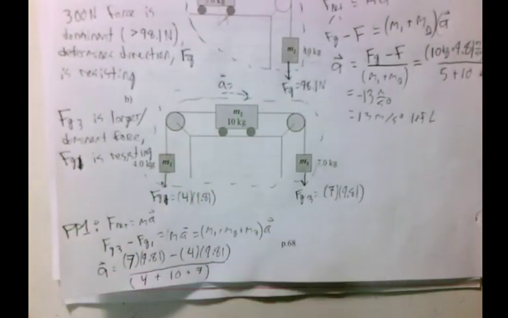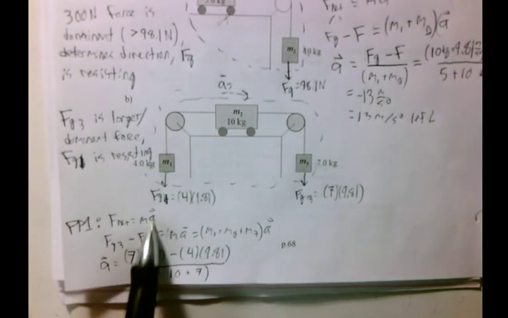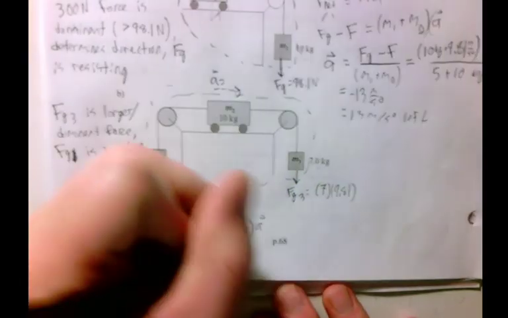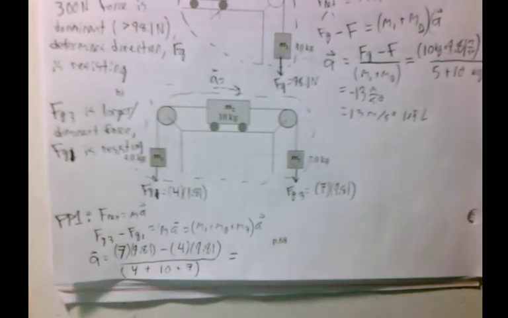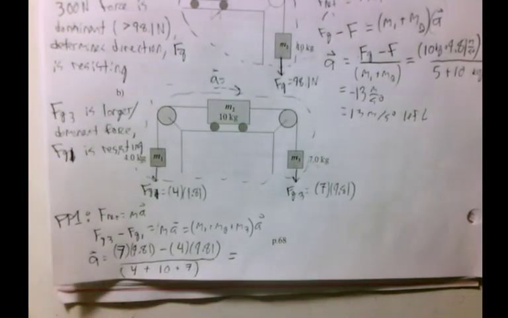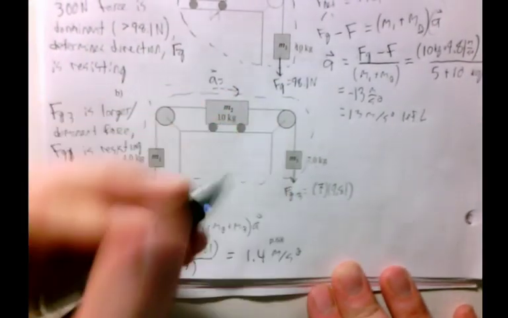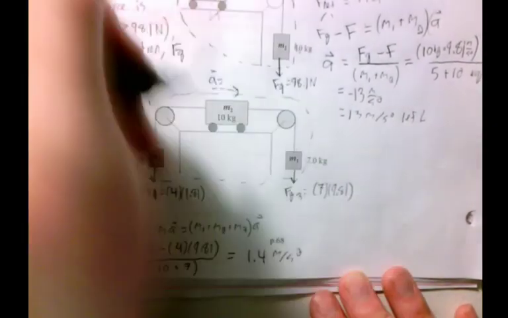Right, all three masses are accelerating, so they contribute to this net force. And that'll give us a total of 1.4 meters per second squared. And that'll be to the right.